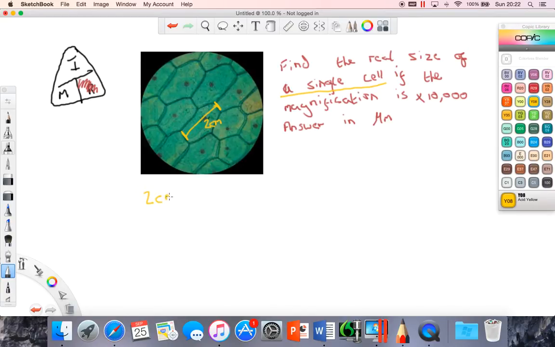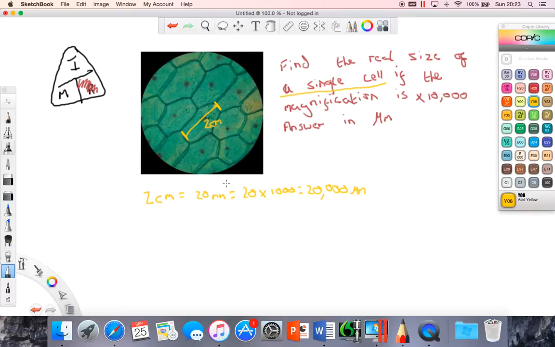Okay? So we've said that this is 2 centimeters. 2 centimeters is equal to 20 millimeters. And then to convert that into micrometers, we would need to do times 1,000. So 20 times 1,000 gives us 20,000 micrometers.